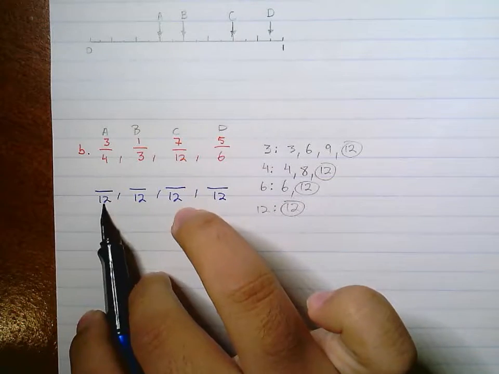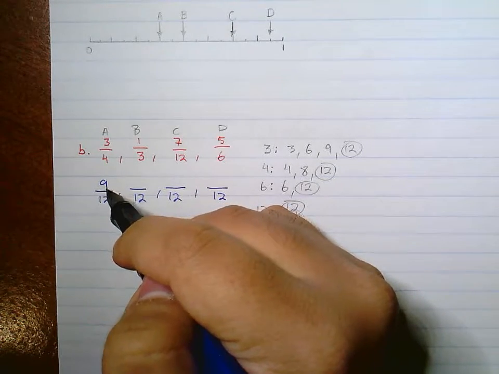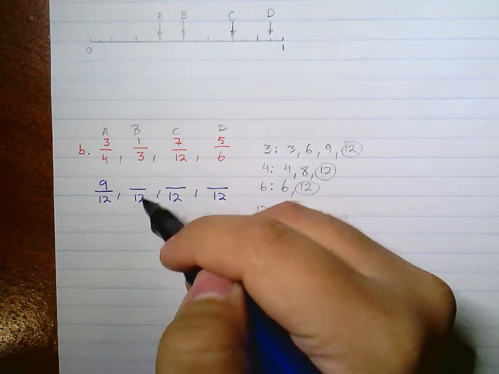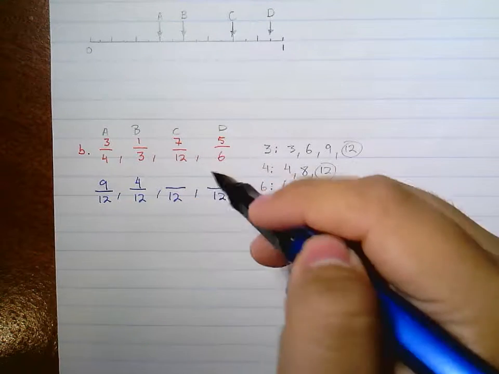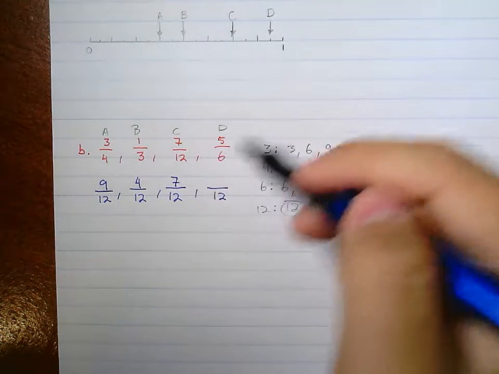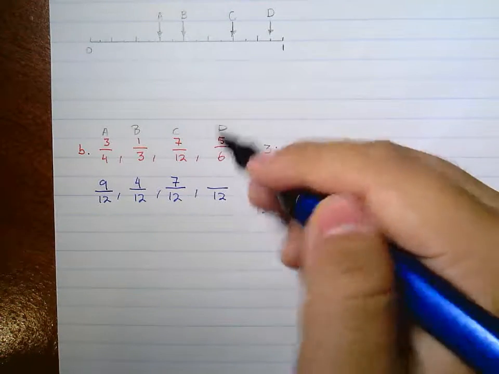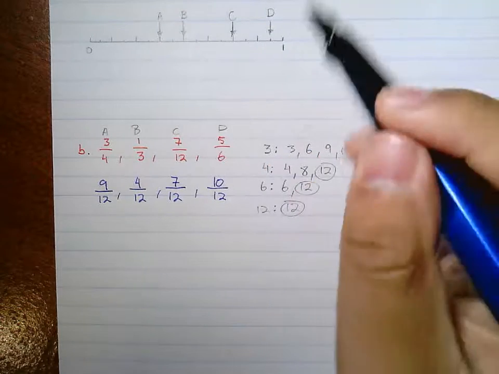For 4 to become 12, we need to multiply by 3, so 3 times 3 is 9. For 3 to become 12, we need 4, so 1 times 4 is 4. For 12 to become 12, that remains the same. For 6 to become 12, we need to multiply by 2, so 5 times 2 is 10.